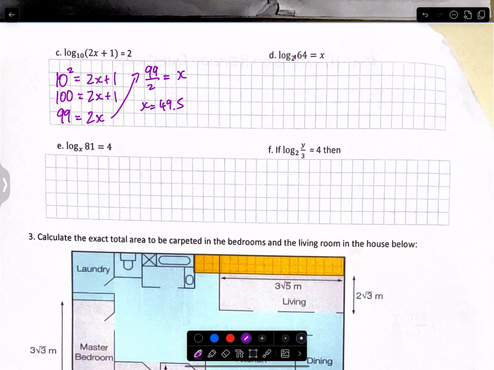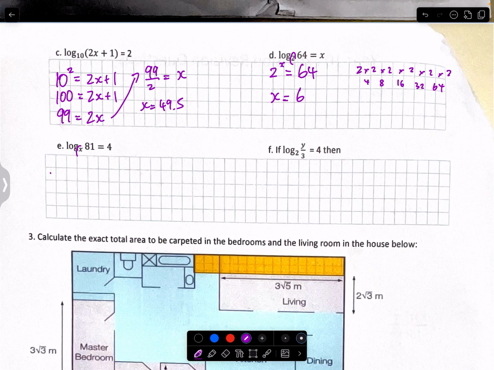Log base 2, base number is 2. It's been raised to the power of x is equal to 64. 2 times 2, 4 times 2, 8 times 2, 16 times 2, 32 times 2, 64. That is 6. So x must be 6.